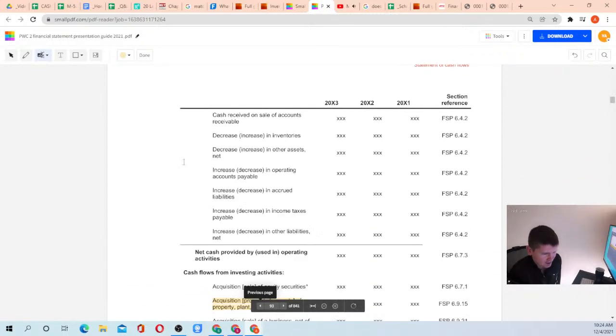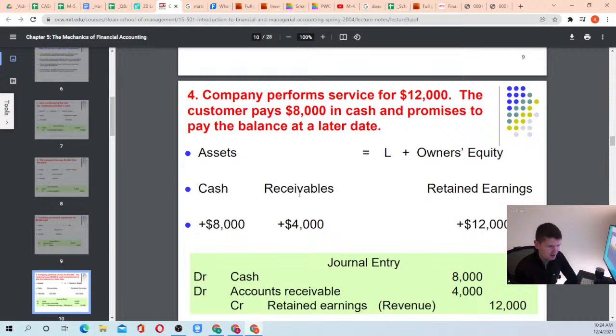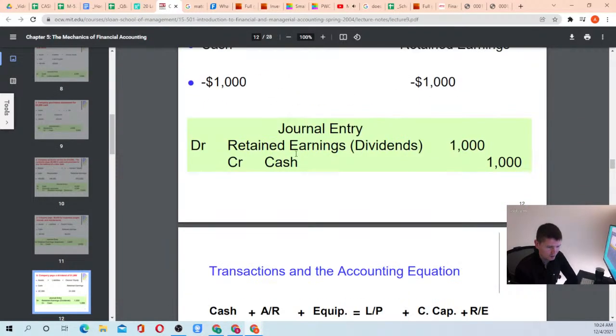And it just goes: cash received on, no, it's not that one. Increase in trade receivables. We will dive into details. We are now just doing a high level view of some transactions, but we will dive into more details later.